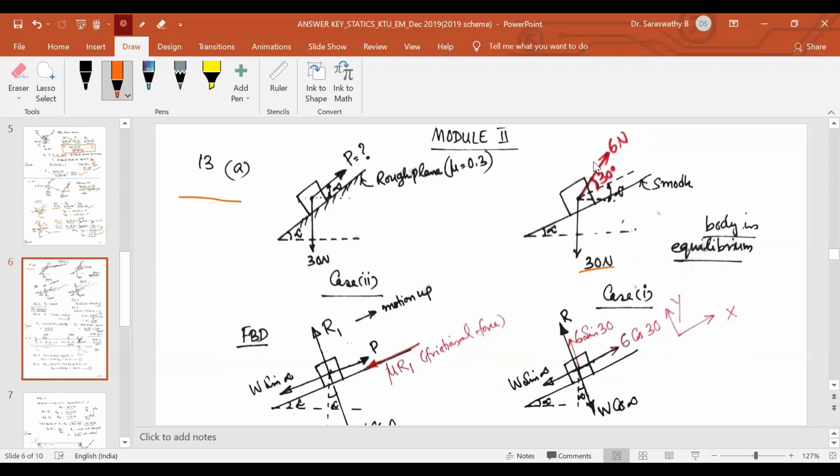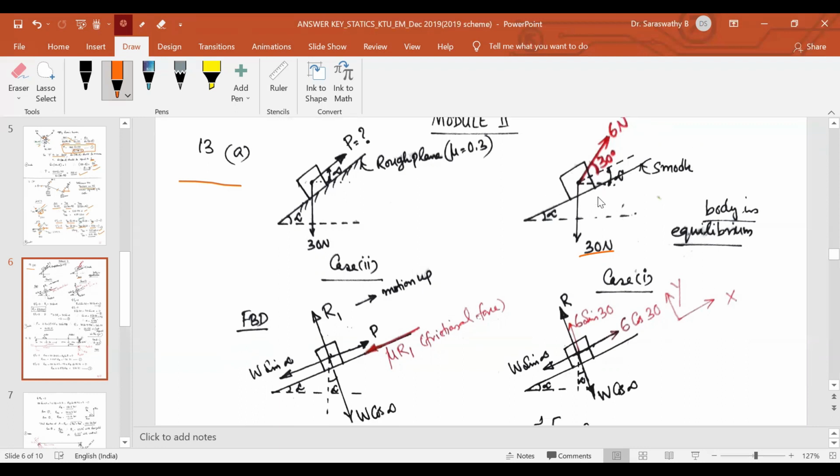Okay, got it. Now we have to draw the free body diagram corresponding to this case. Let us consider this block of weight W, acting centrally downwards through its CG. This 30 Newton we can resolve into 2 components, one normal to the plane and one along the plane.